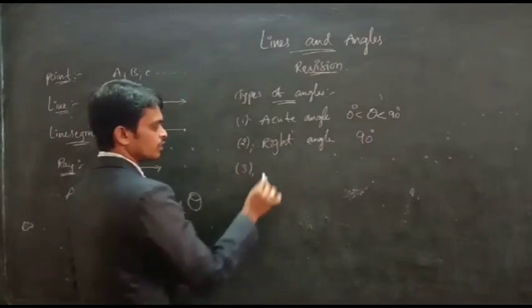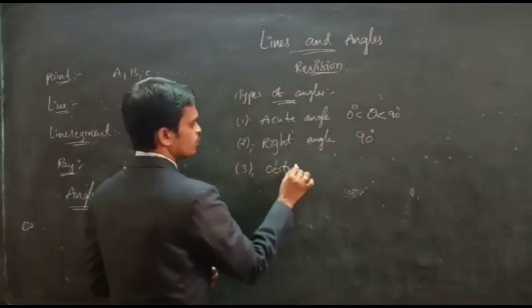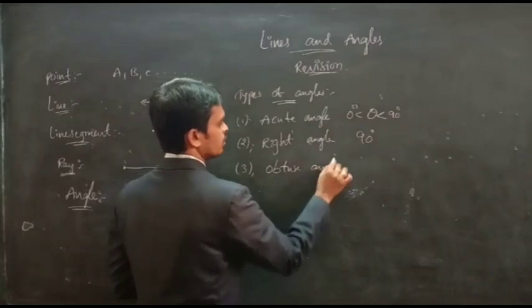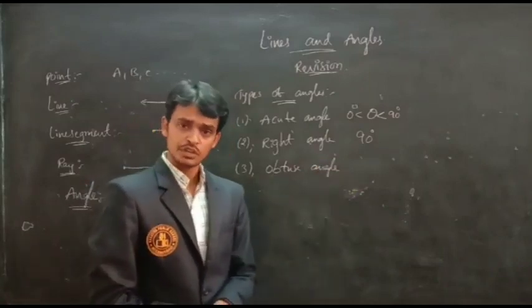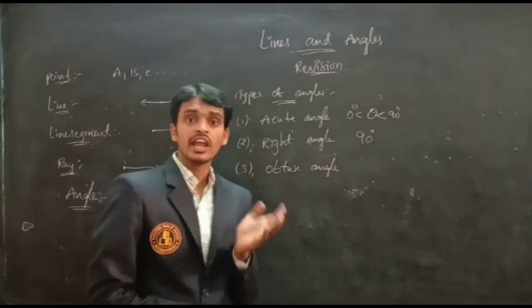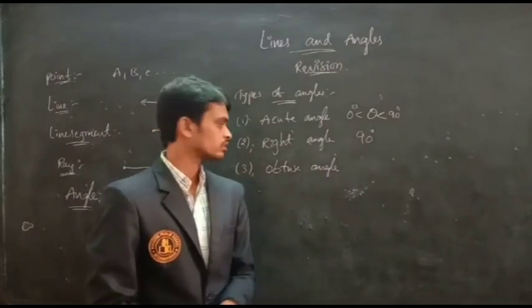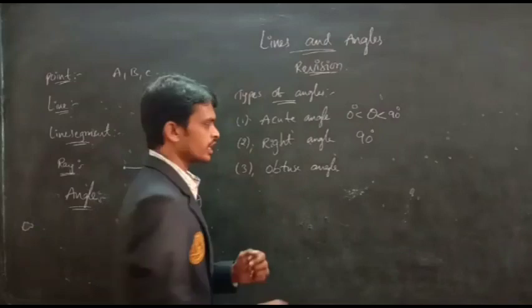Third one, obtuse angle. If the angle measures between 90 and 180 degrees, then the angle is said to be an obtuse angle.